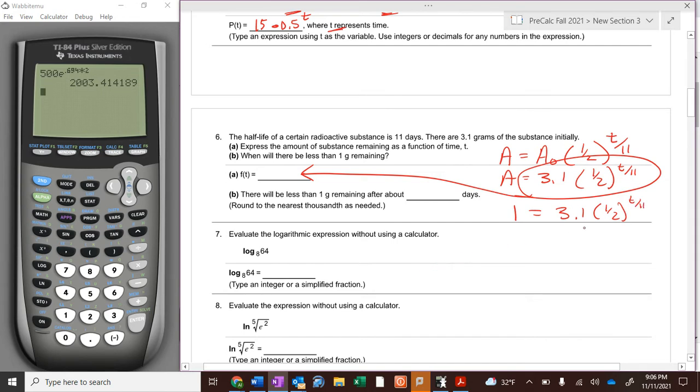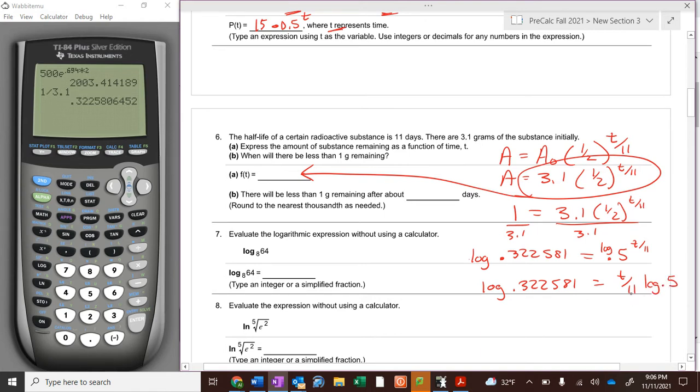Now, we'll divide by 3.1 first. 1 divided by 3.1 equals a long decimal, 0.32258 equals 0.5 to the T over 11 power. Now, because we know how to use logarithms now, we take the log of each side. So the log of 0.32258 equals T over 11 times the log of 0.5.